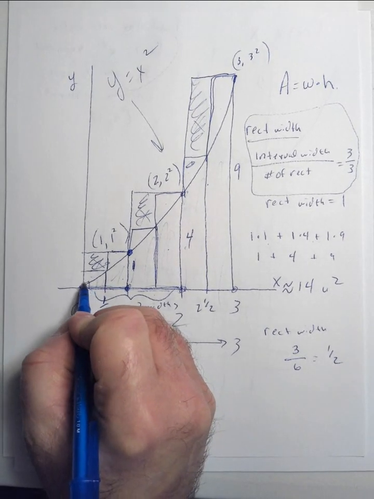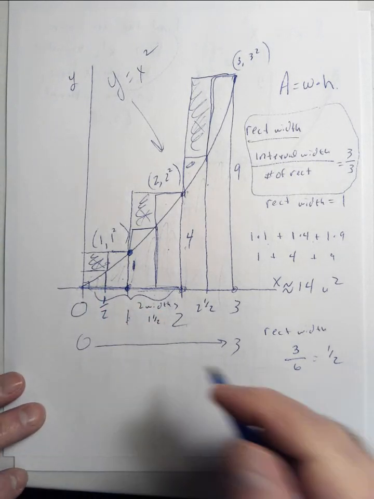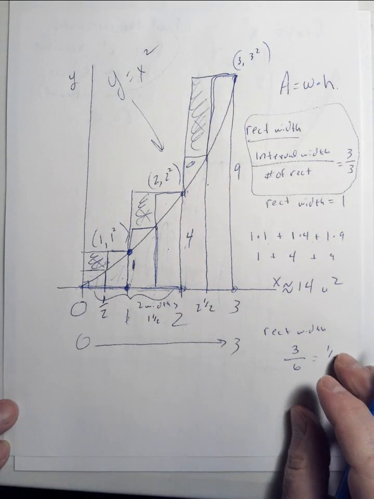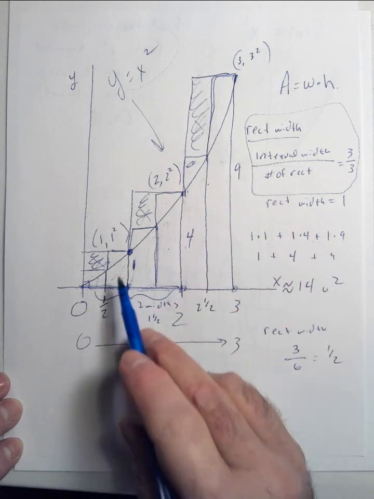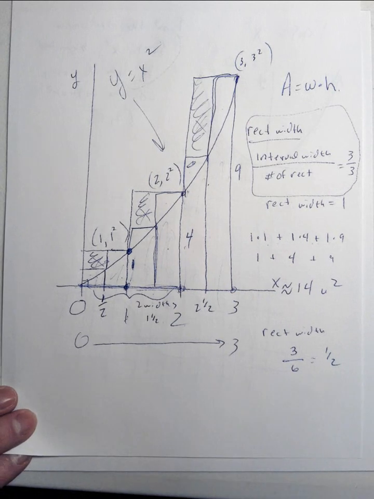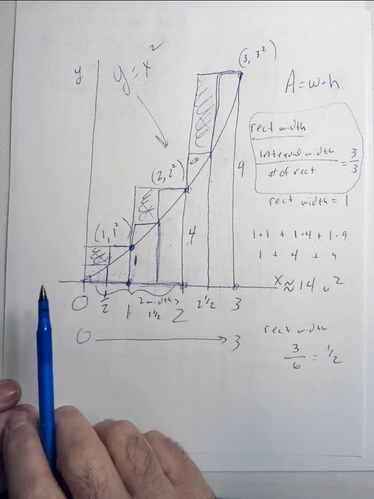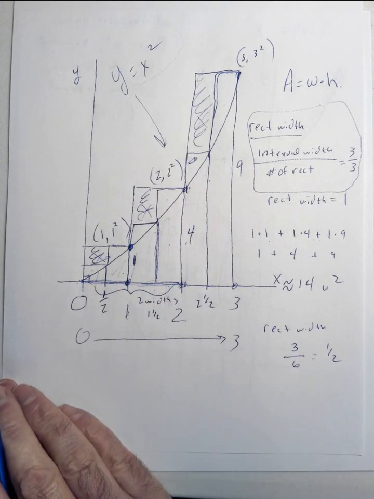If we get something very small, if we do a half, and so forth, then the overages start to disappear, and the rectangles start really filling up the area under the curve. And that's what we want. So the best case scenario is to have infinite rectangles, because with infinite rectangles, we can assure ourselves of getting very, very accurate.